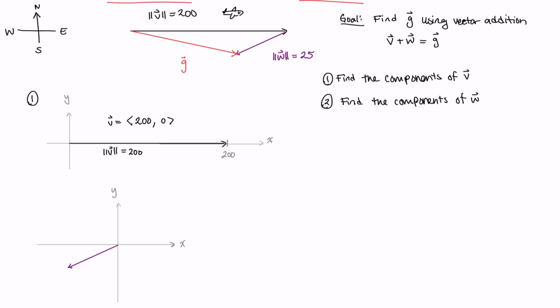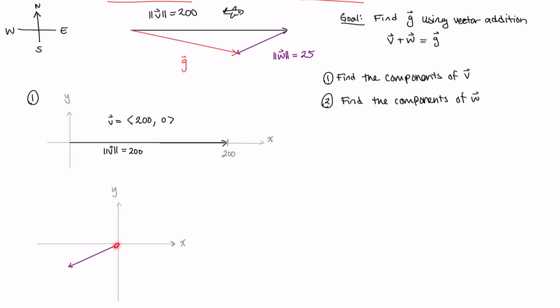You didn't have to fix it on yours, but it would really bug me to see this labeled as 30 degrees when it wasn't looking like 30 degrees. So this is 30 degrees, which means this angle in standard position is 180 plus 30, so this is 210 degrees.